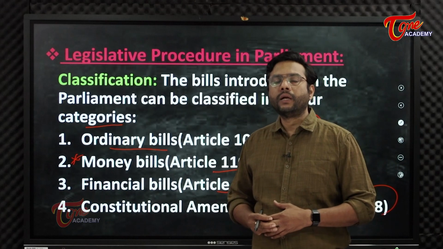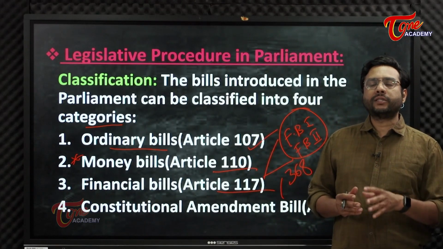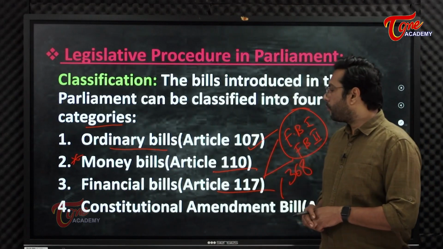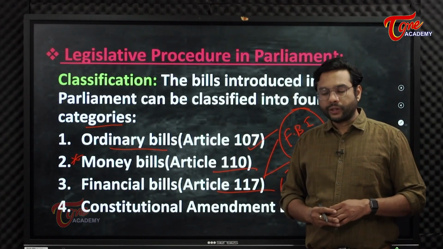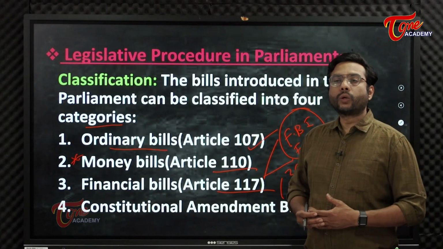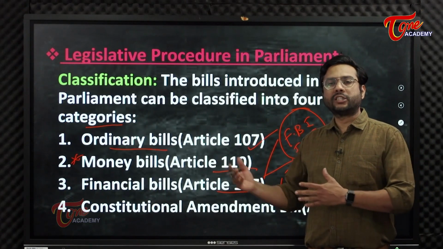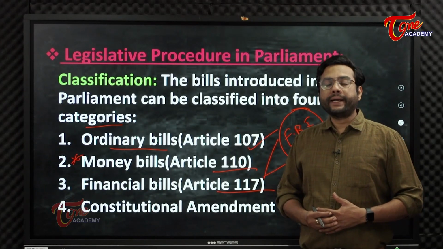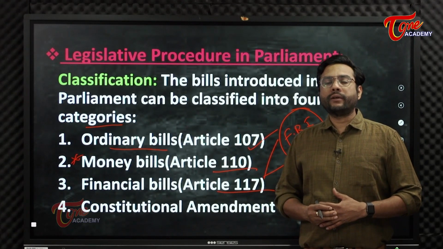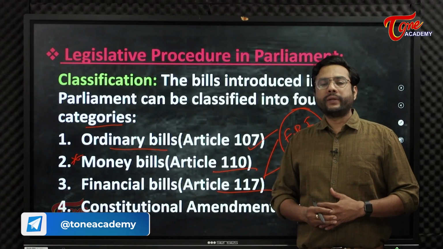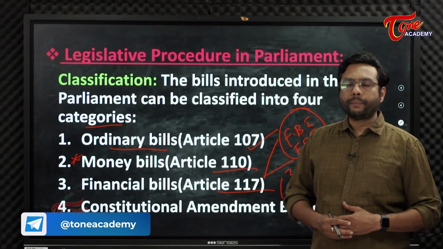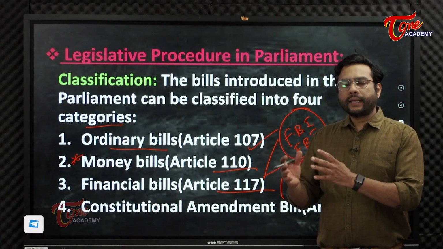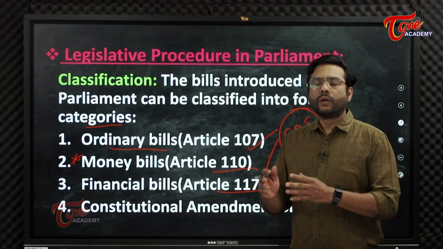The importance of a money bill, the difference between money bill and financial bill, the difference between financial bill 1 and financial bill 2, where these bills are generally introduced, what the role of the president is in such bills, what the role of the speaker is, and where we generally find a joint sitting when there is a deadlock between Lok Sabha and Rajya Sabha.